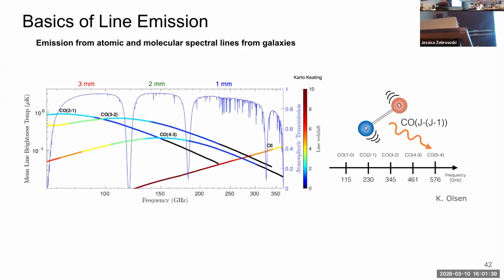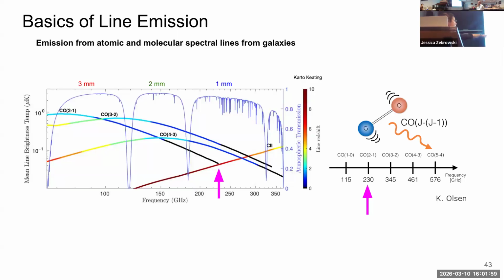In the line intensity mapping community, we might like to make plots like this. This is the mean line brightness temperature as a function of frequency, and I'm going to show you that you can find the CO rotational ladder on this plot. For example, at 230 gigahertz, look at the color bar, the rest frame is redshift 0.